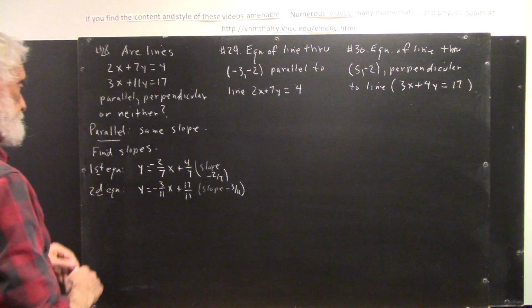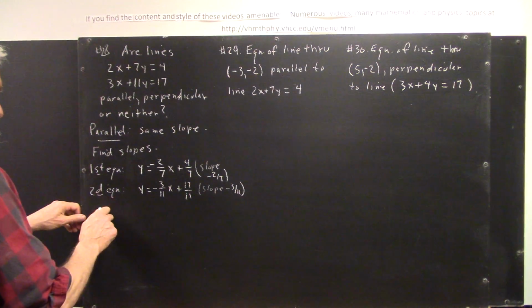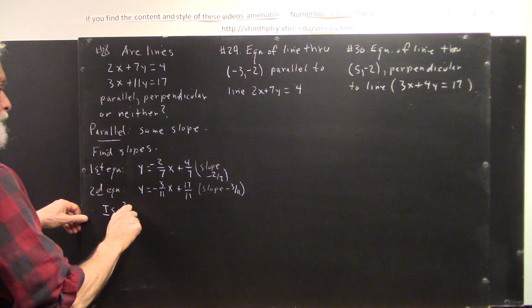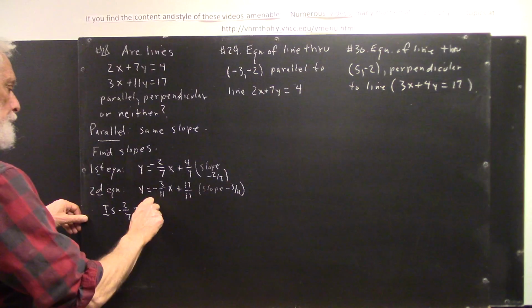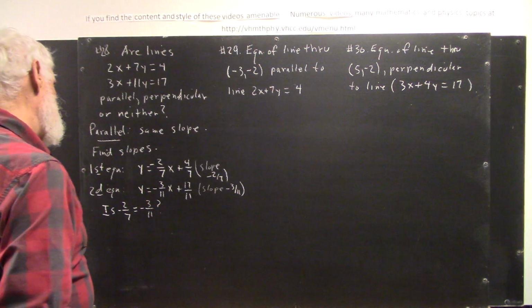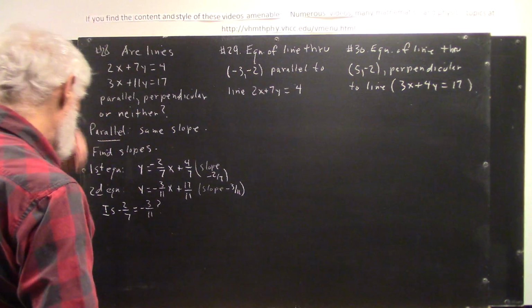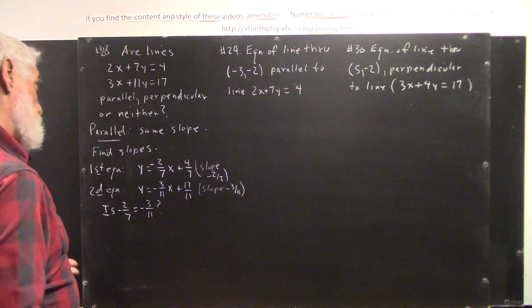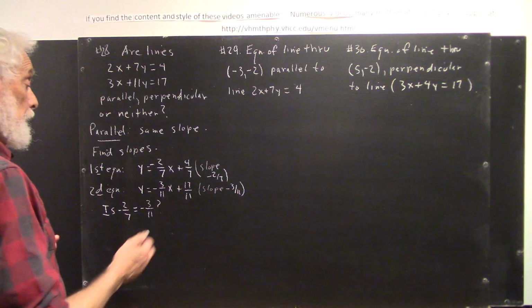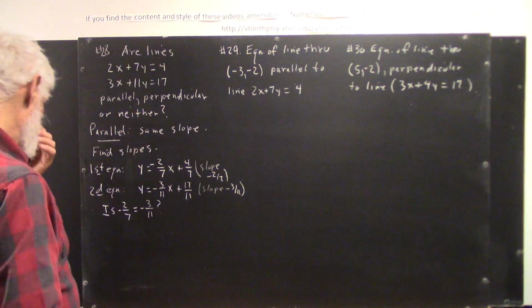So, is negative 2/7 equal to negative 3 over 11? Well, we can do this thing called cross multiplying, which I really don't like because it doesn't reinforce something really important. I prefer to multiply both sides by 7 times 11.